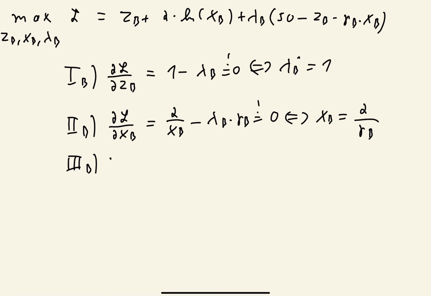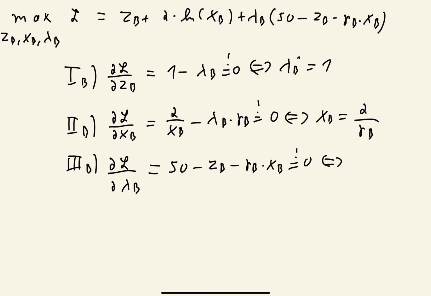And finally, if we take the derivative with respect to lambda B here, we have 50 minus ZB minus PB times XB. This should be equal to 0.